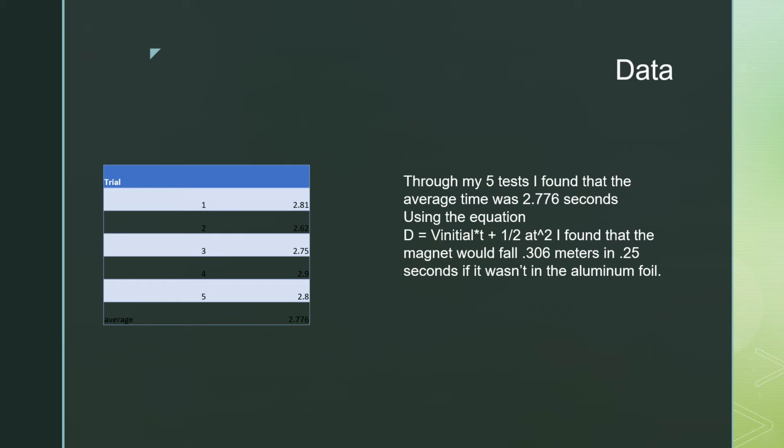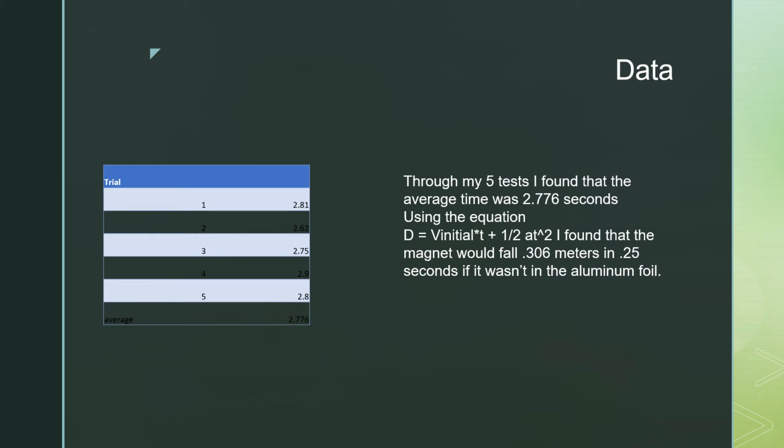I decided to calculate how much time it would take the magnet to fall not through the tube by using the equation displacement equals the initial velocity times time plus 1/2 acceleration times time squared, using 9.81 meters per second squared as the acceleration and the displacement as 0.306 meters, since that was my length of the tube.